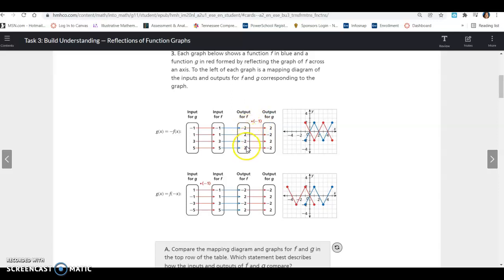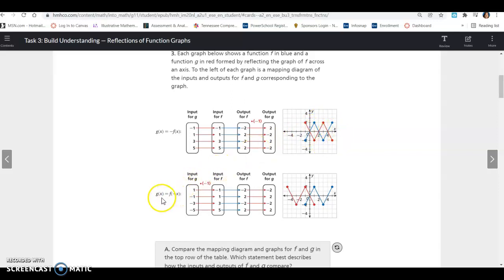So each of these values times negative 1 equals this. So you can see what this does when we do have negative f of x. This point goes to here, this point goes to here, this point goes to here, and this point goes to here. So it is a reflection across this x-axis here.